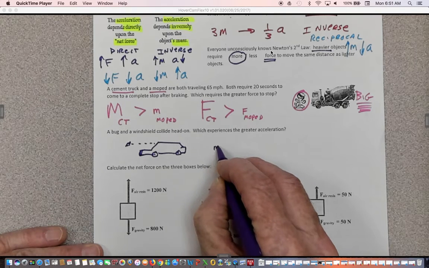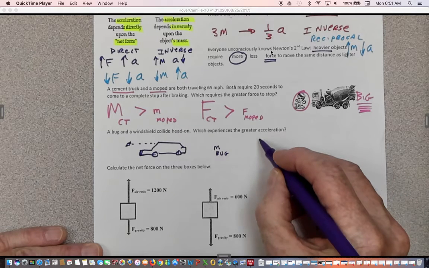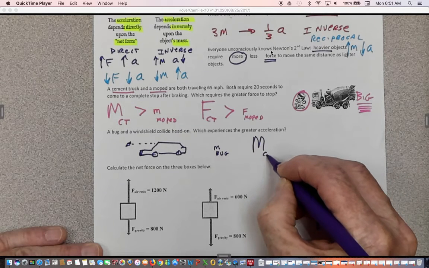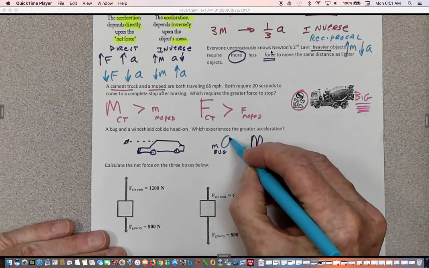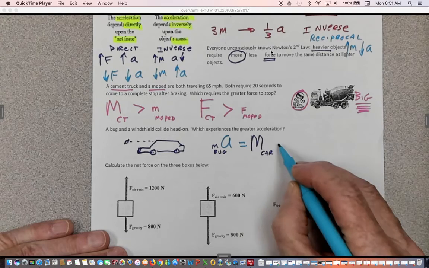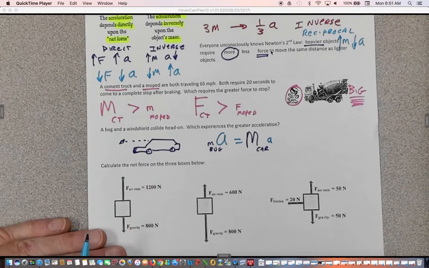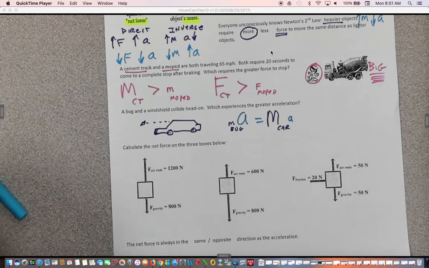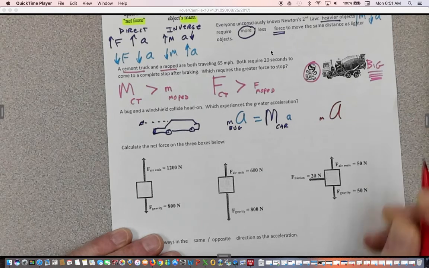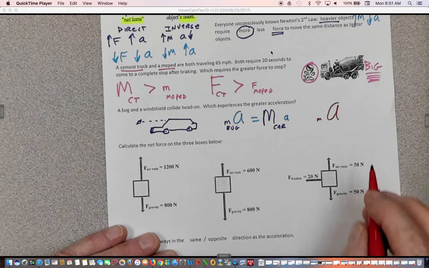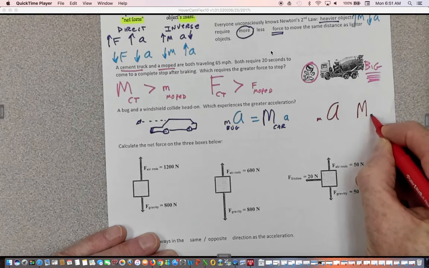Since the mass of the bug is small, and the mass of the car is big, the bug's going to have a big acceleration and the car is going to have a small acceleration. That bug is not going to move that car, but the car can move the bug. So once again, small mass means big acceleration. And big mass means small acceleration.